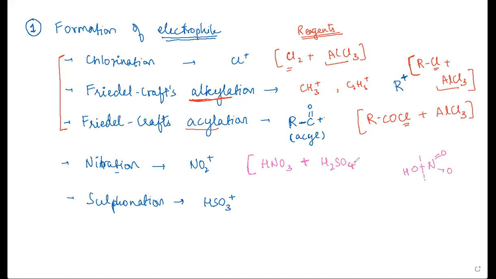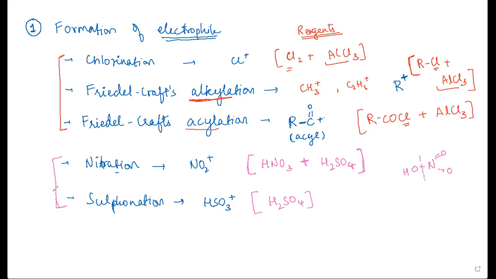This is a really strong acid that can rip apart this OH in order to give you NO2 plus. And similarly, in the case of sulfonation, you take only sulfuric acid. So basically it does its own job of ripping apart one OH from a different H2SO4 molecule.